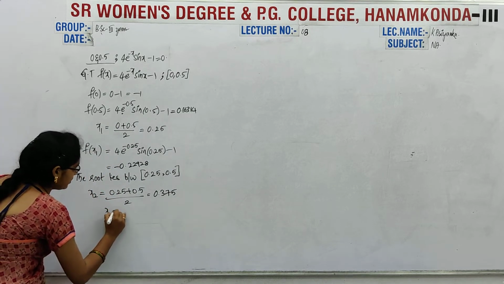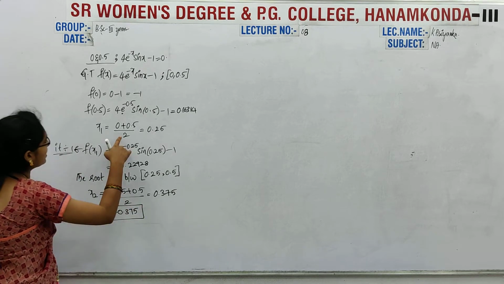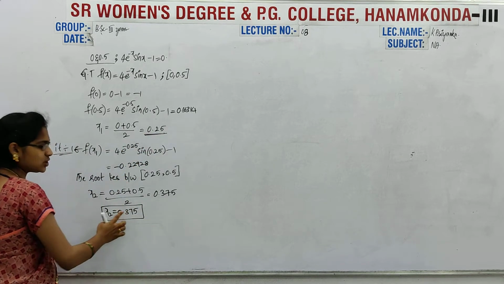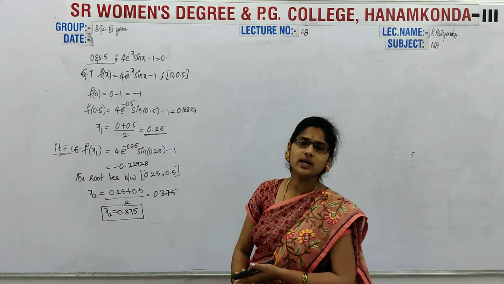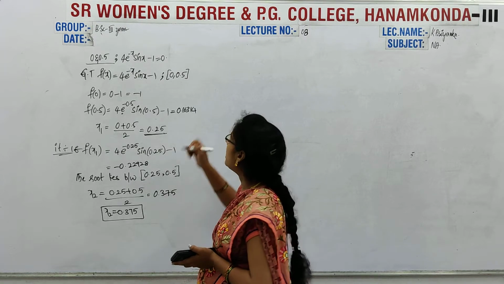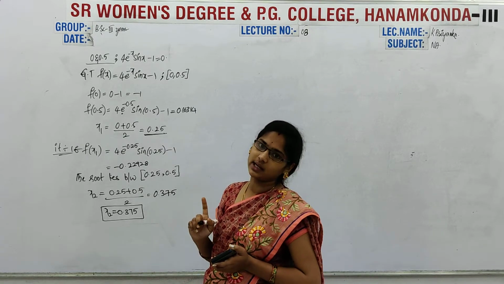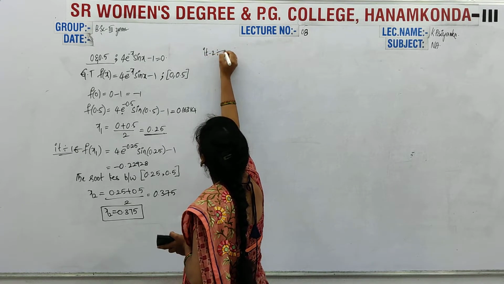Now x2 equals 0.375. What is x1? 0.25. That means both are not the same, not even one digit is similar. So then next what we have to do? x2 is finished. Now here no need to calculate the error because they didn't mention it. That's why iteration number 2.